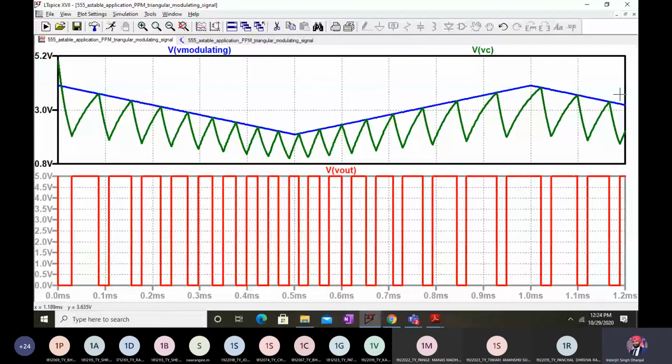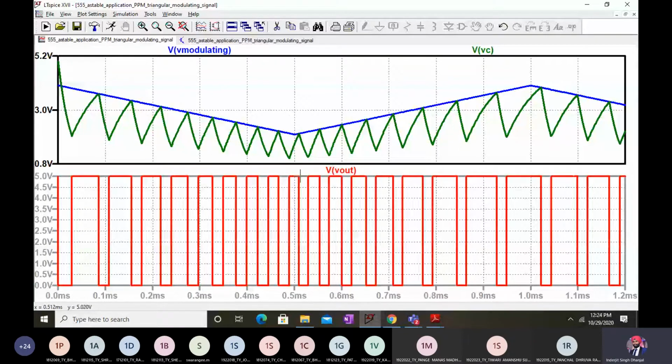Not only the highest peak is increasing or decreasing, even the lower peak is changing. As the modulating signal is higher in amplitude, the peak to peak value of the capacitor voltage is more, and as it is reducing, the capacitor peak to peak voltage is also reducing.